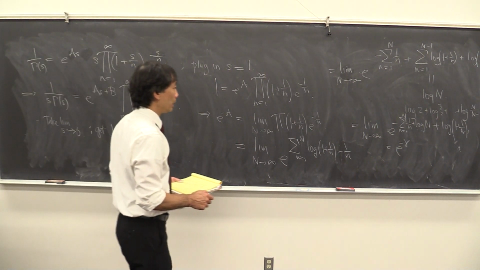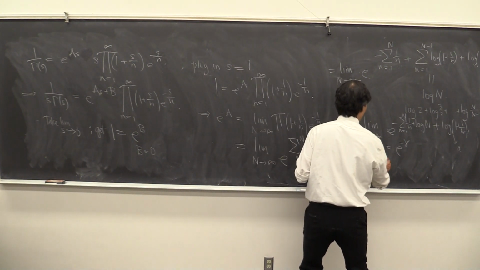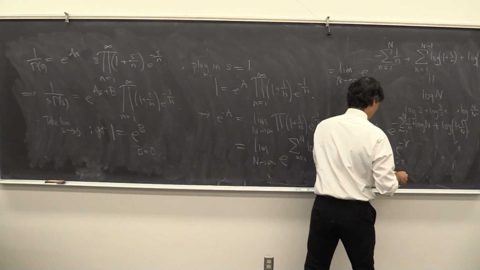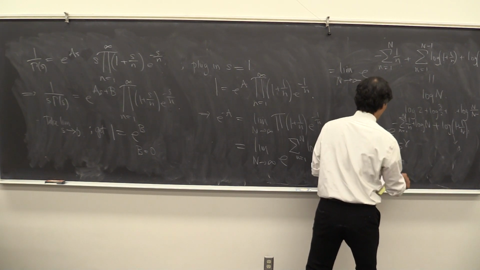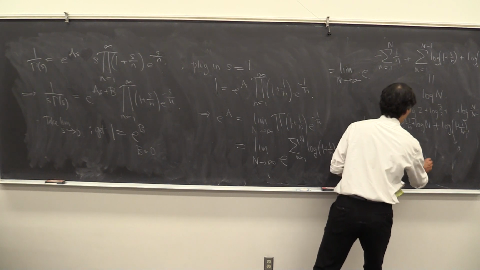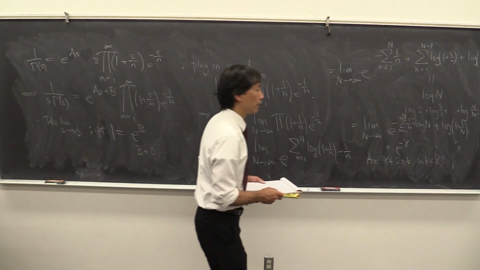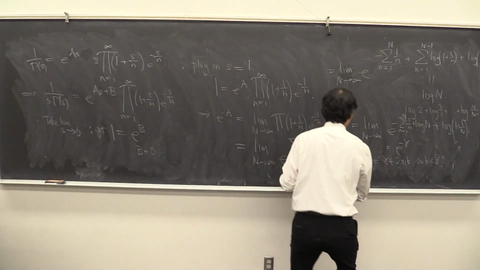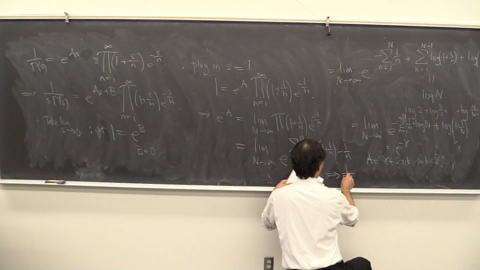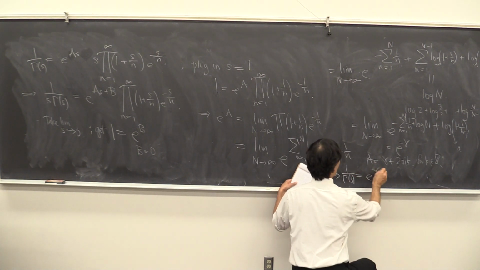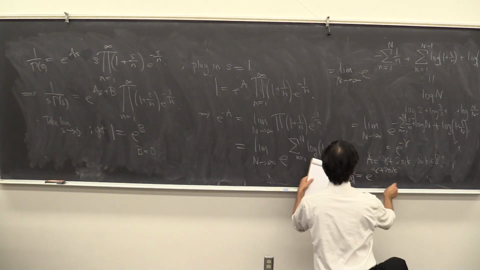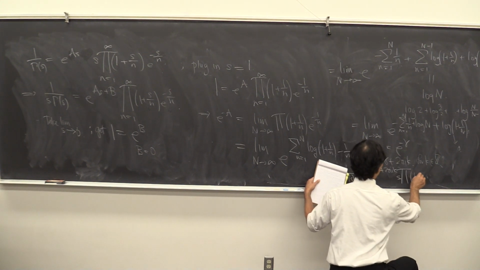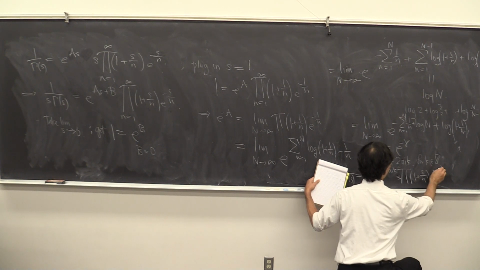Okay, so that tells you that a is gamma plus possibly some 2 pi i k, for k in Z. So that gives you that 1 over Gamma of s equals e to the gamma s plus 2 pi i k s times the product of 1 plus s over n times e to the negative s over n.